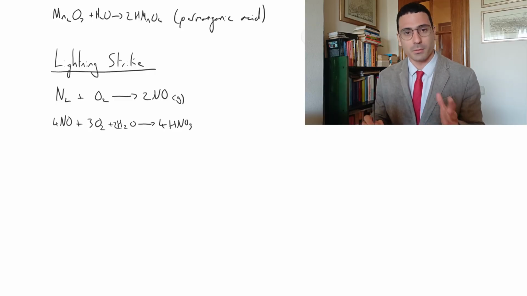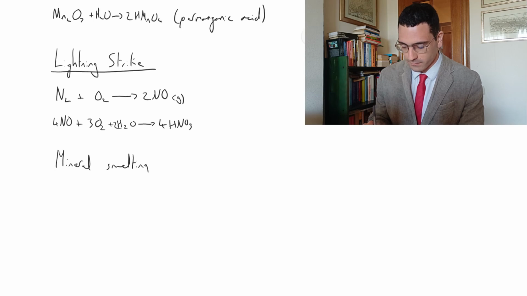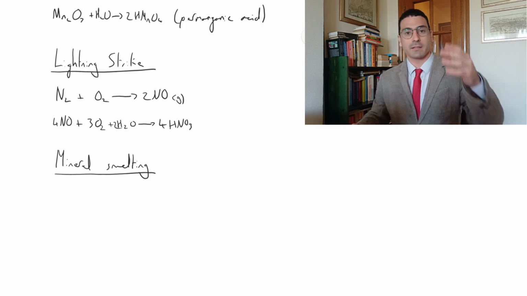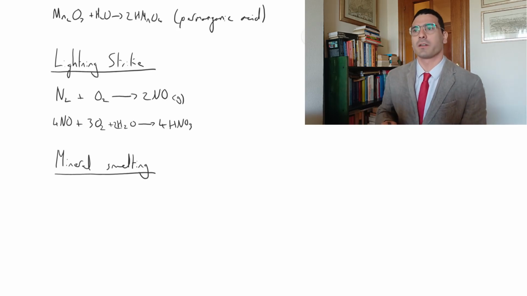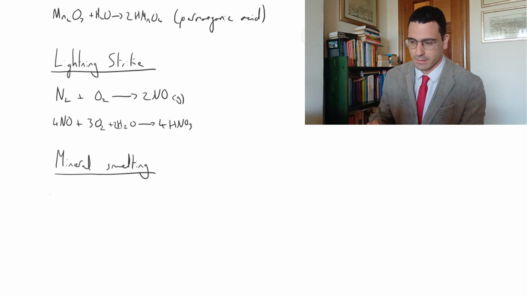So I'll give another example of nature and acidic oxides. This would be mineral smelting. When we want to extract metals from nature, a lot of the time pure metals aren't going to be available in nature because mostly, I would say, oxides are more stable than pure metals, which means that, for example, zinc, you don't just find a lump of pure metal zinc in nature.